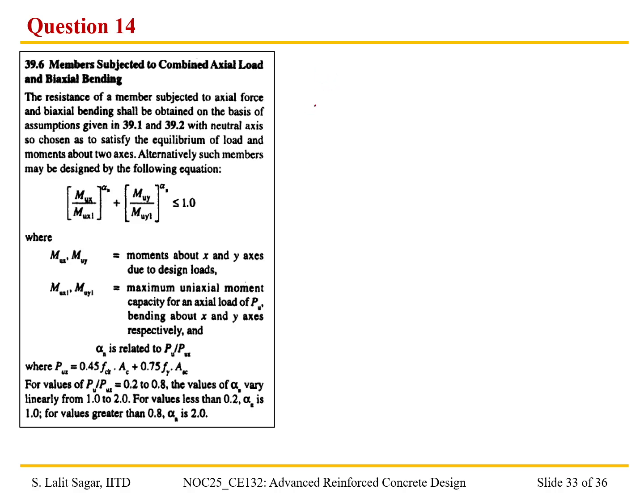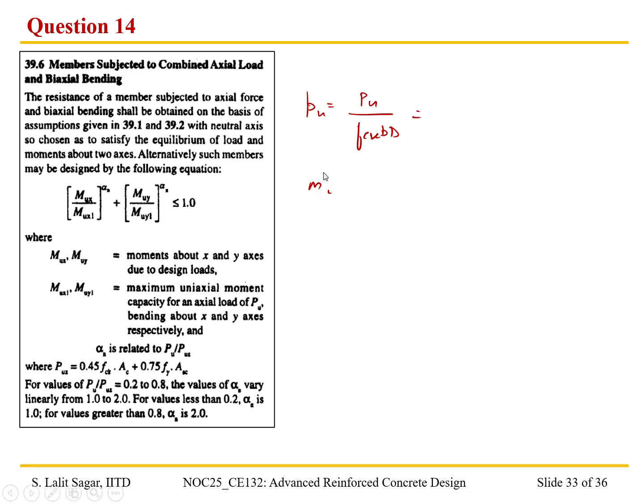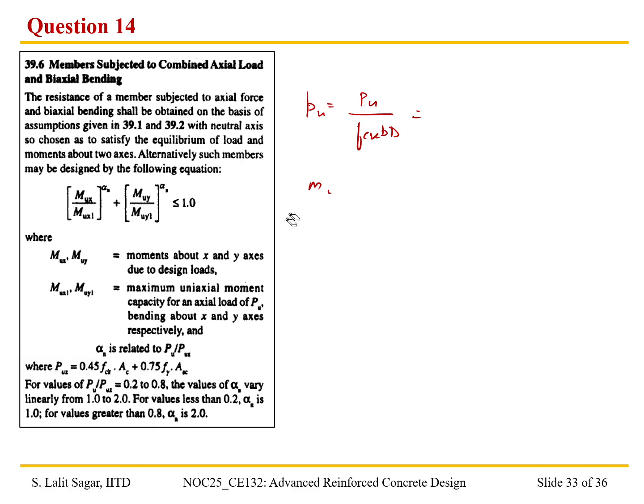we can find out the value of PU, that is PU by FCK BD, and find out the value of MU. Okay, so MU needs to be found out. But before that we can find out the value of P by FCK, right?